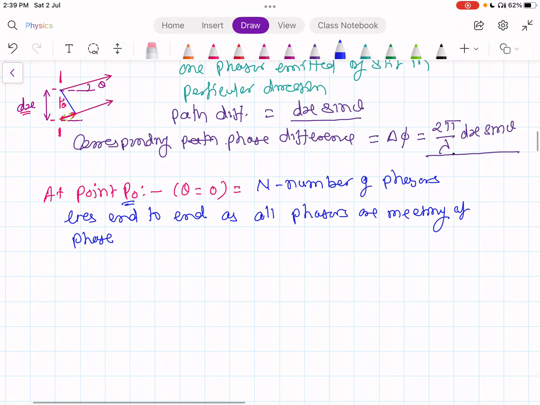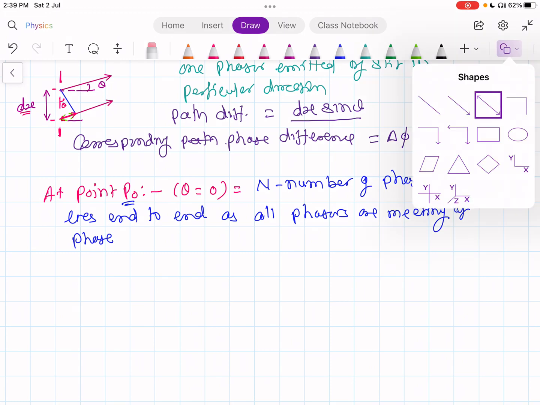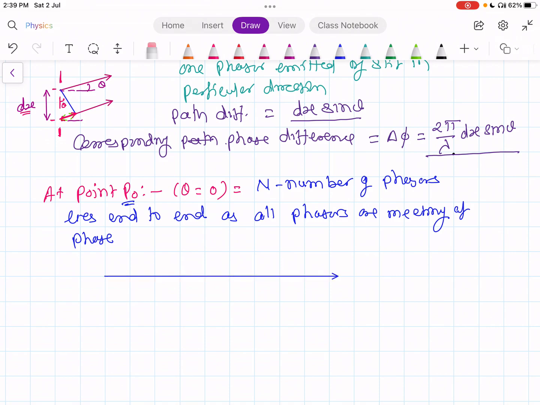So what would be the total electric field at point P naught? Let us say this is one phasor whose amplitude is delta E, emitted by the first slit. Then this is the second phasor, whose amplitude is also delta E. The angle between the first and second phasor is zero, theta is zero. These two phasors are meeting in phase.